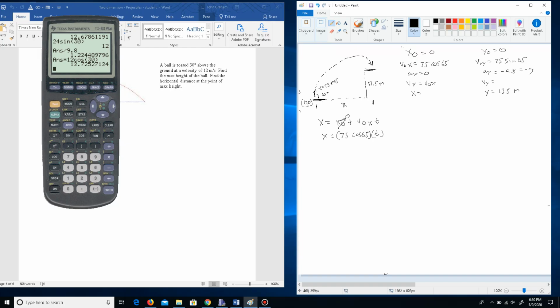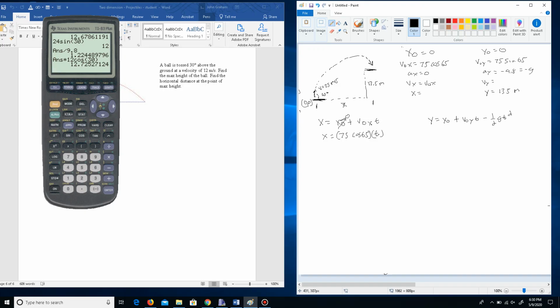Alright, so let's go to the y equation. y equals y sub 0 plus v sub 0 y times time minus 1/2 g t squared.